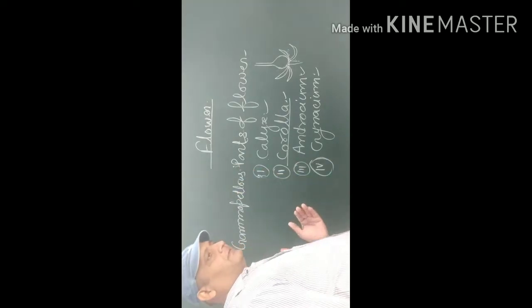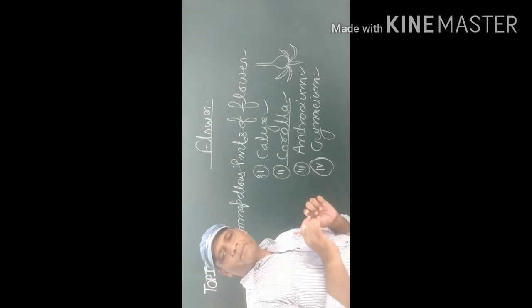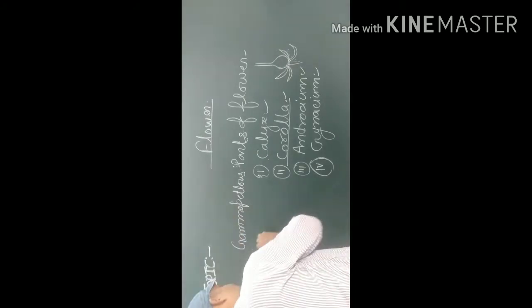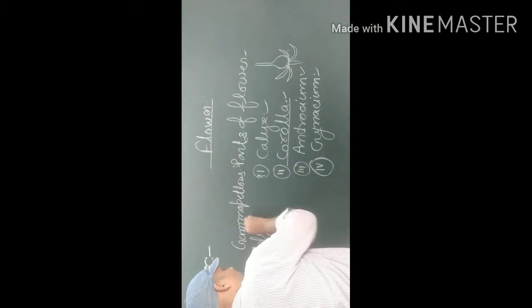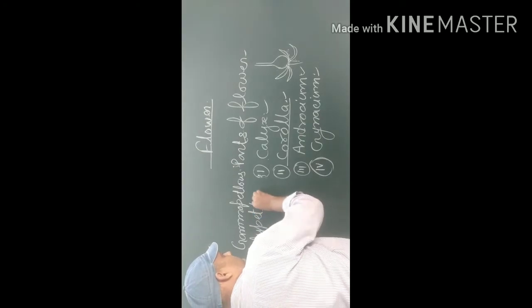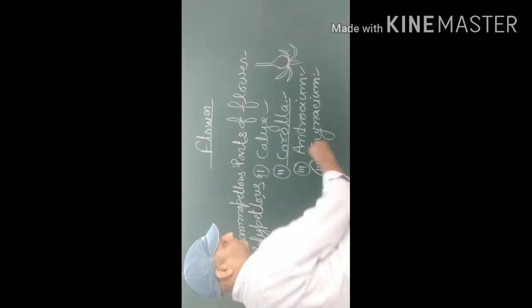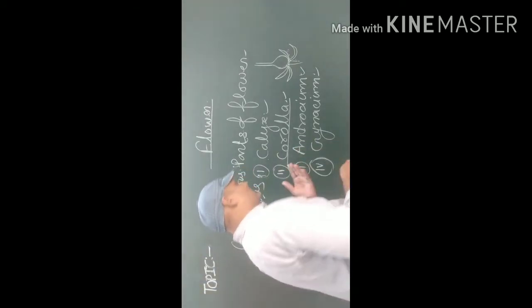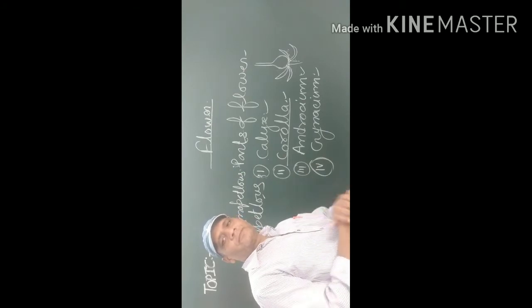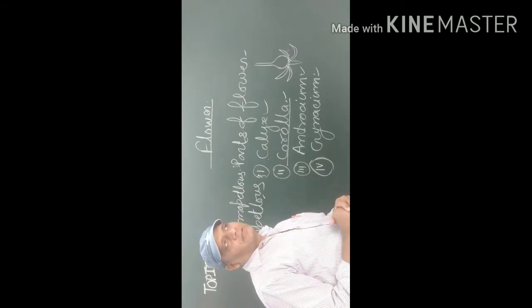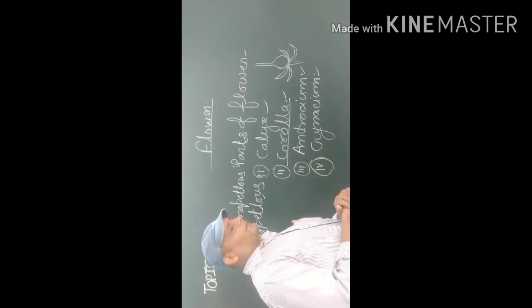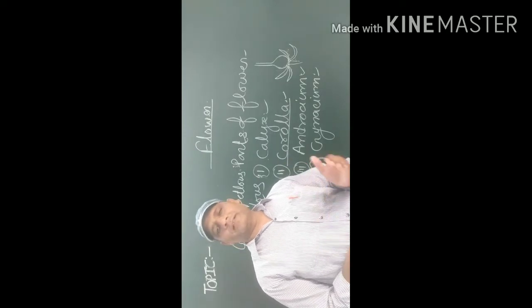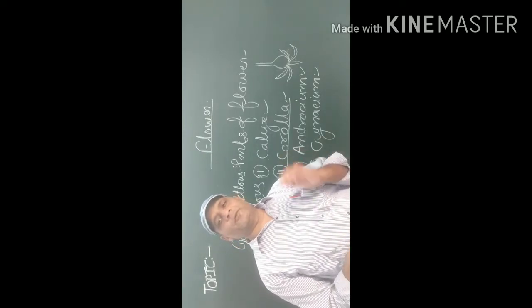And when the petals are found in separate form, the term used is polypetalous. The role of corolla in the life of flowers or plants: the corollas are colorful structures. They attract animals which help in pollination.